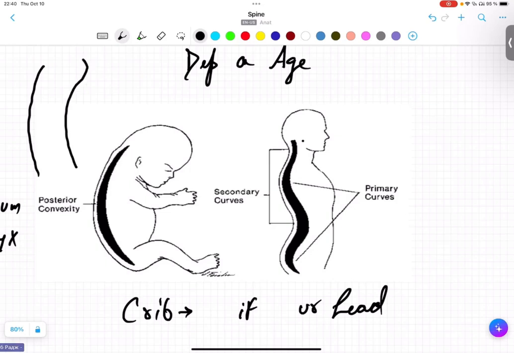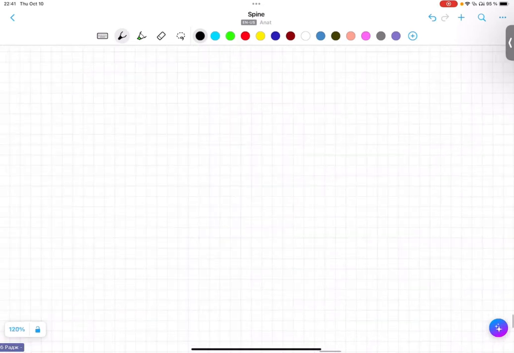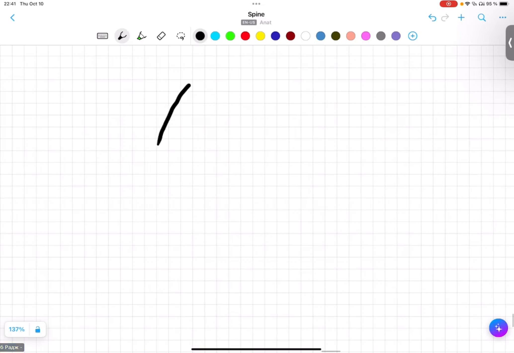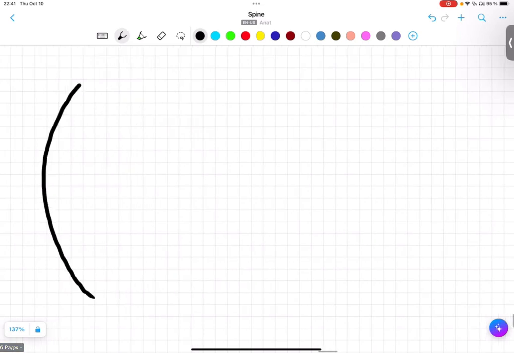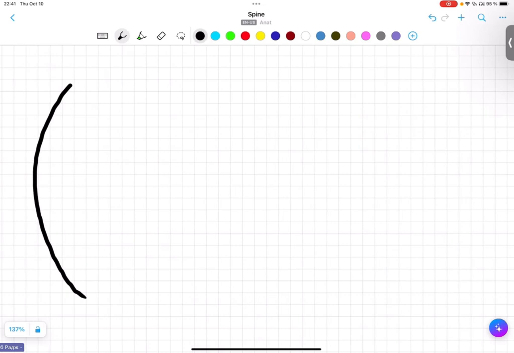Can you see in the cervical region you have this curvature? See, in this very good diagram, when you are born as a child, this is your spine. You started lifting your head, and because of the muscle tension, this became your curvature, right?